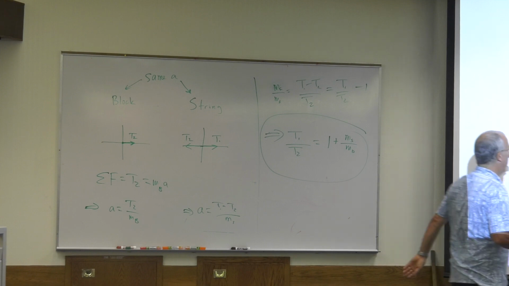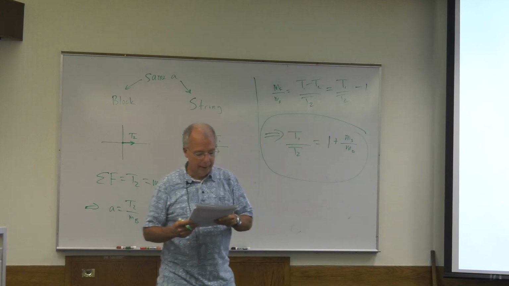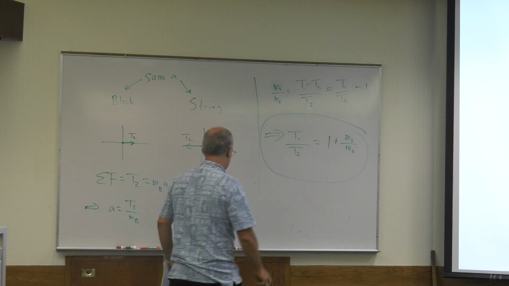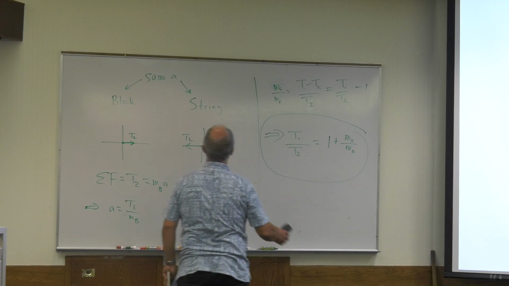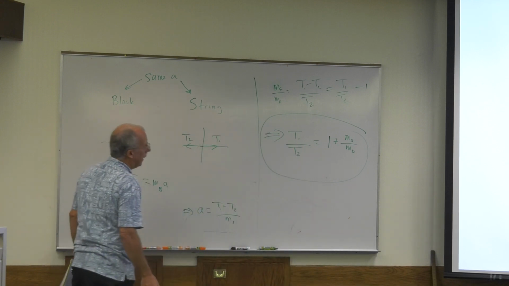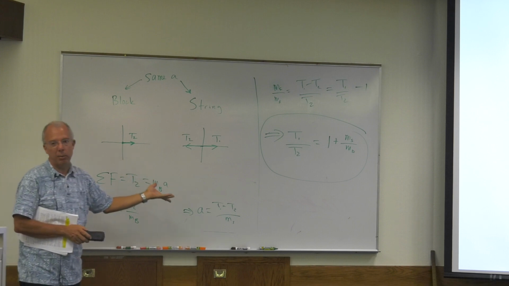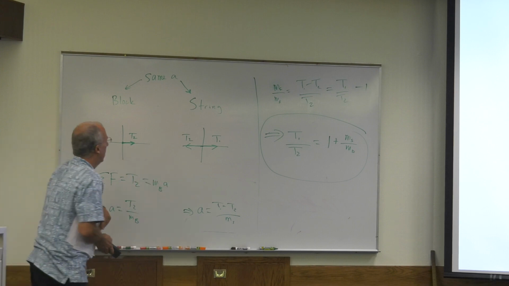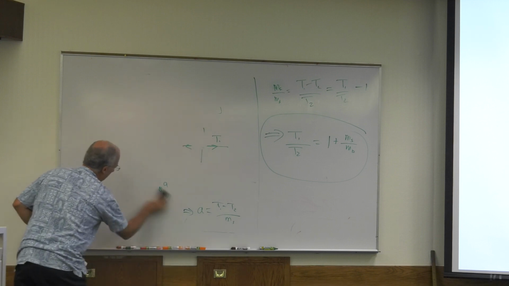But as soon as the string has mass, the tensions are different. So that's a nice problem. Make sure you understand it, especially that the accelerations are the same. If they weren't, we couldn't solve the problem. We wouldn't know what to do. So it's nice that the accelerations are the same, and you'll see that a lot.